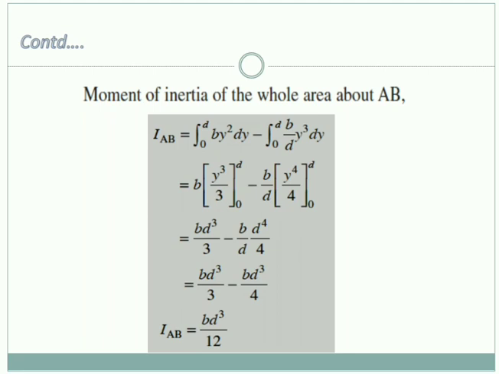So now, how will the centroidal axis be with respect to the base? Yes, the centroidal axis will be parallel to the base. So which theorem can we use here? Yes, we can apply the parallel axis theorem to find the moment of inertia about the centroidal axis XX of the figure.